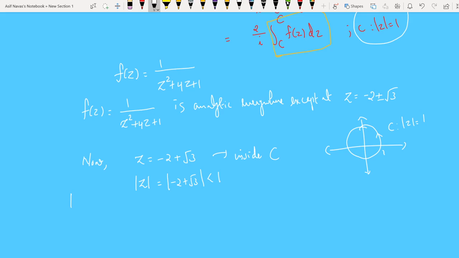Now for z equal to minus 2 minus root 3, mod z is equal to the modulus of minus 2 minus root 3. Is it less than 1 or greater than 1? It is greater than 1. Therefore z equal to minus 2 minus root 3 is outside the circle C.